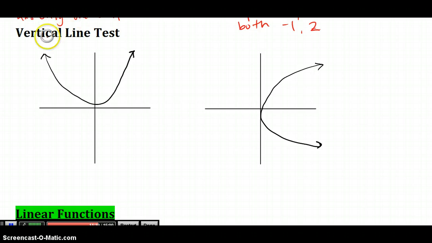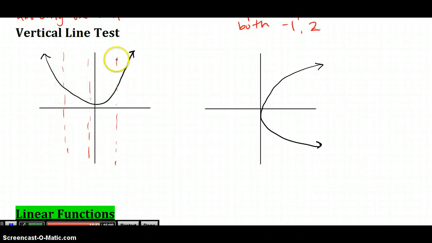Well, there's something called the vertical line test. If you draw a vertical line, imaginary ones, I'm just going to draw some dotted ones, and you took this vertical line and you swept it across the graph from left to right. If this graph only touches at one point, then it's a function. So you see here, if I draw a line, it only touches one point.